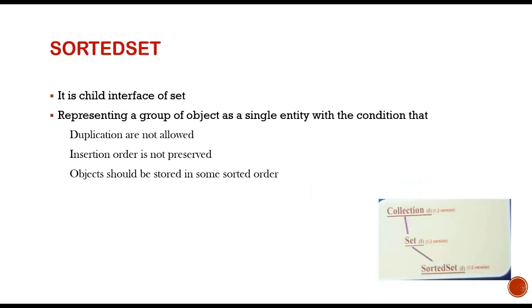And sorted set. It is a child interface of a set, representing a group of objects as a single entity with the condition that duplication is not allowed, insertion order is not preserved, objects should be in some sorted order.